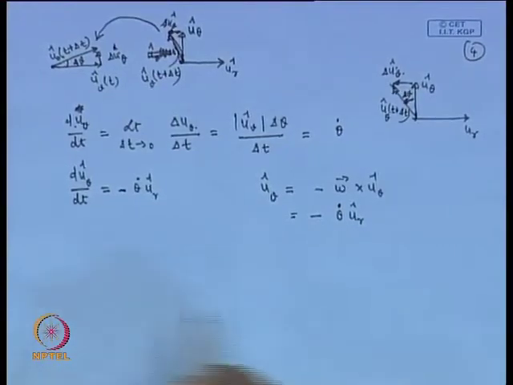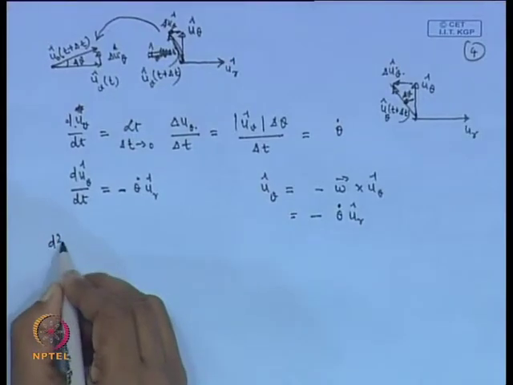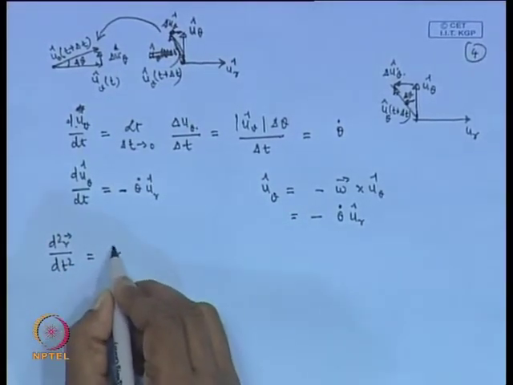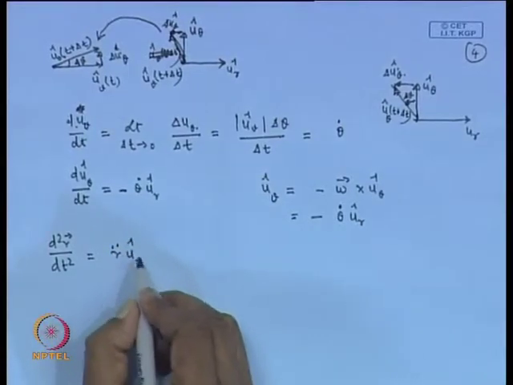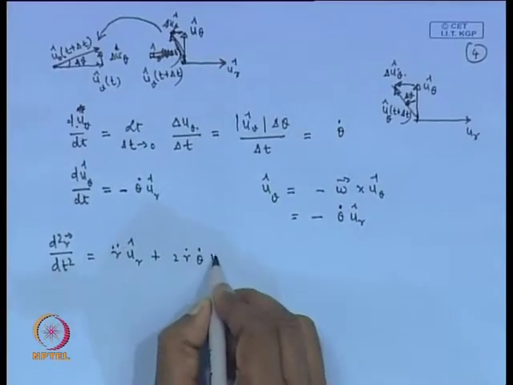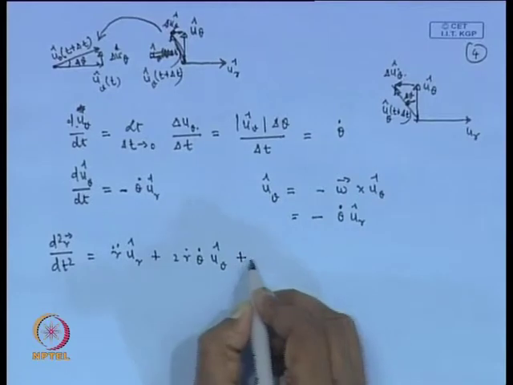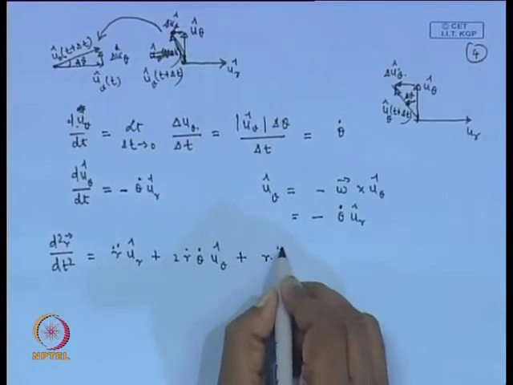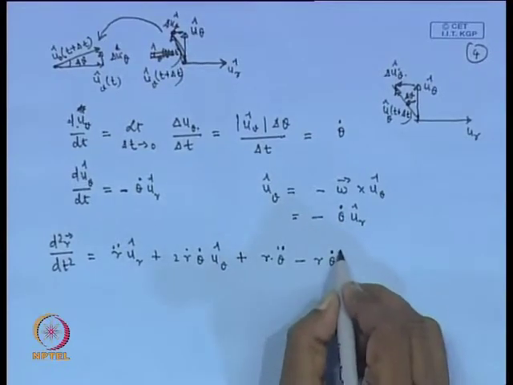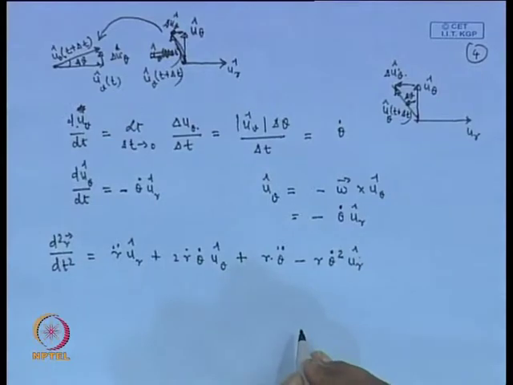So, now completing we can write d square r by dt square is equal to r double dot u r cap plus 2 r dot theta dot u theta cap plus r times theta double dot minus r times theta dot square times u r cap. Okay.